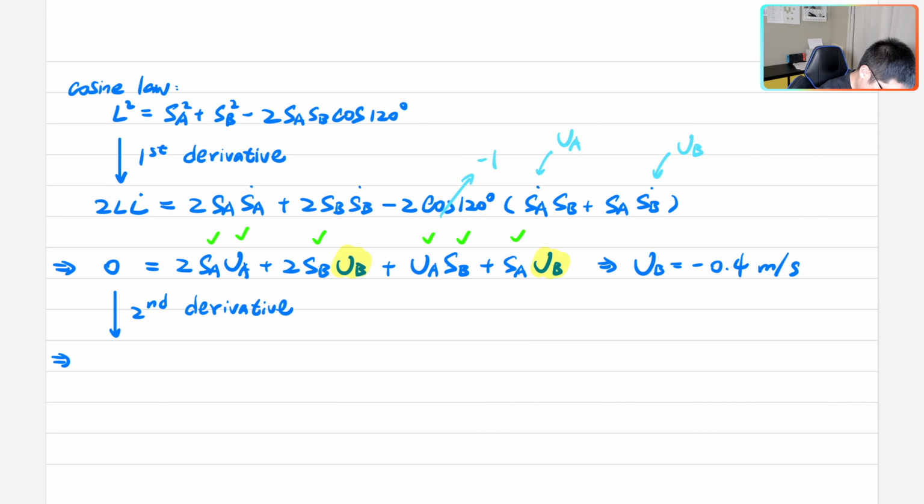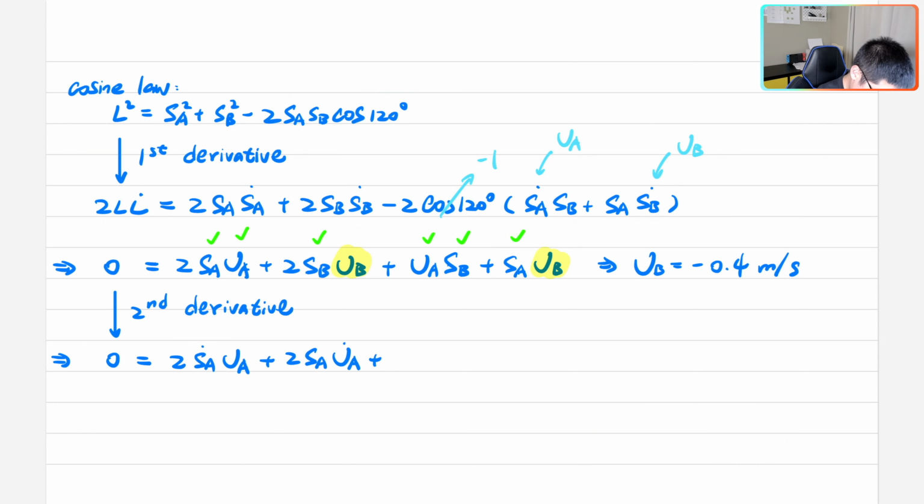On the left-hand side, 0 remains as 0. First part, 2SA dot VA plus 2SA VA dot. Remember now you have two variables, both SA and VA. Make sure you treat them as variables during the derivative.